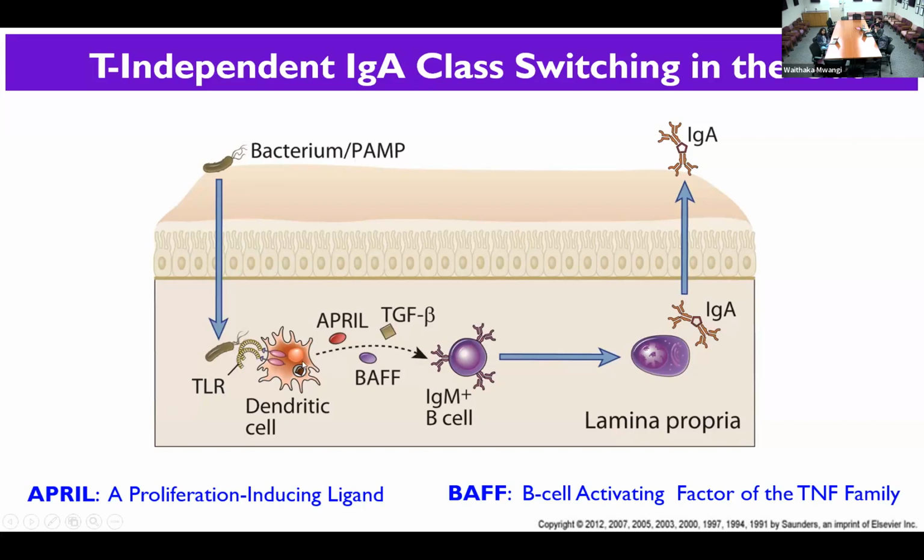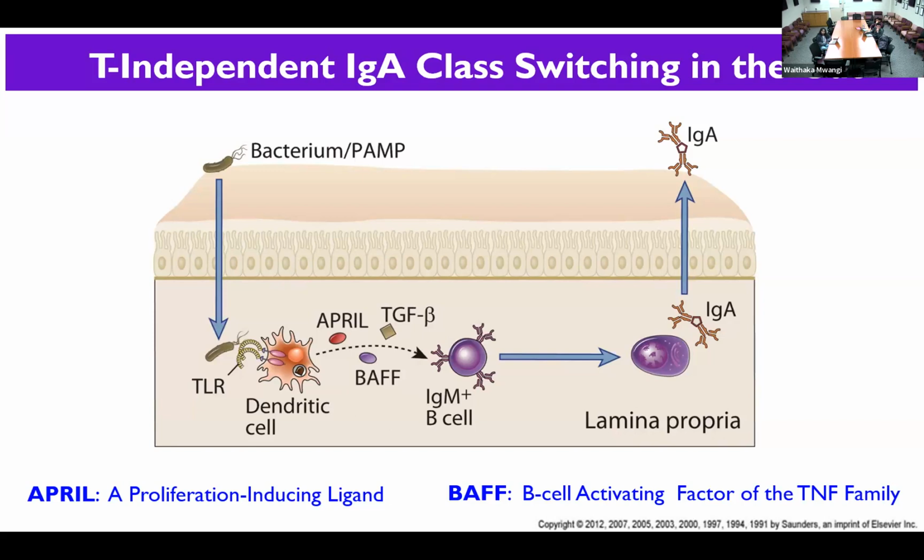These DCs are able to drive the following mechanism of B-cell isotype switching. And they do so by secreting multiple factors. One of those is called APRIL, which stands for a proliferation-inducing ligand. Another very important molecule they secrete is BAFF, or B-cell activating factor of the TNF family. You also have this subset secreting TGF-beta.